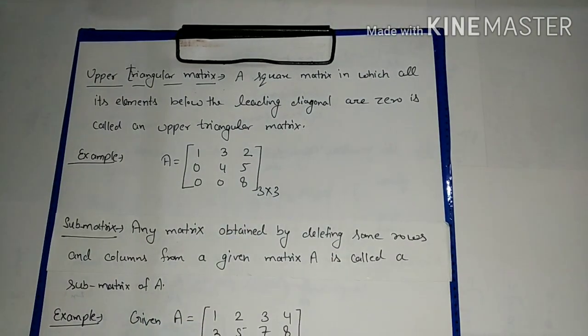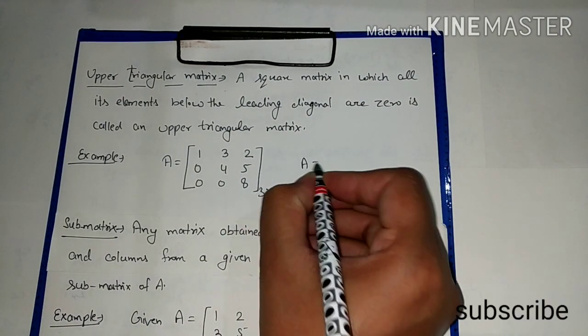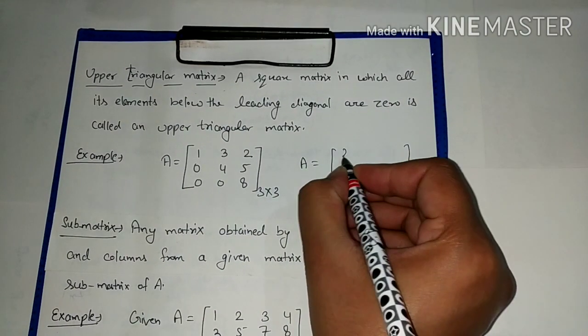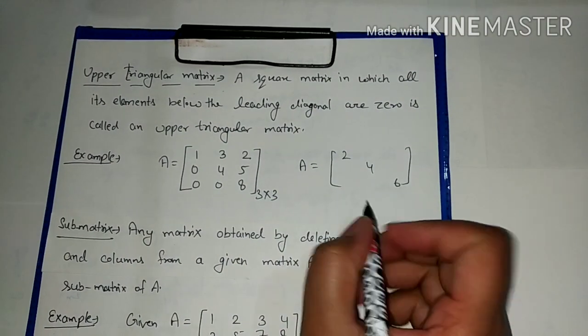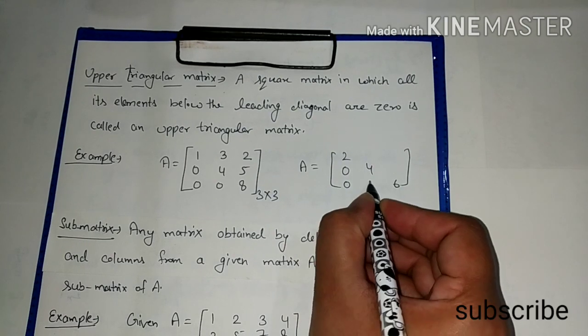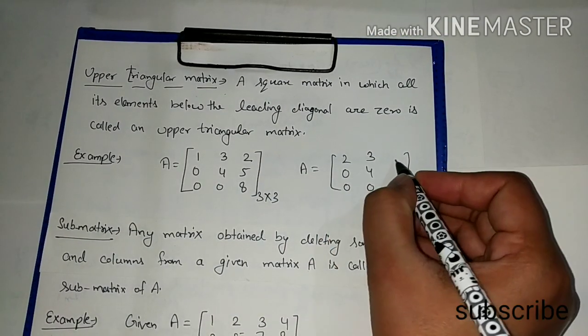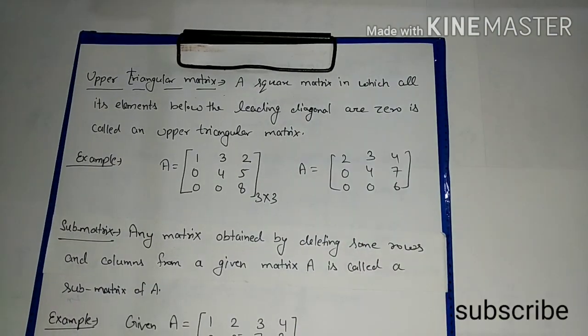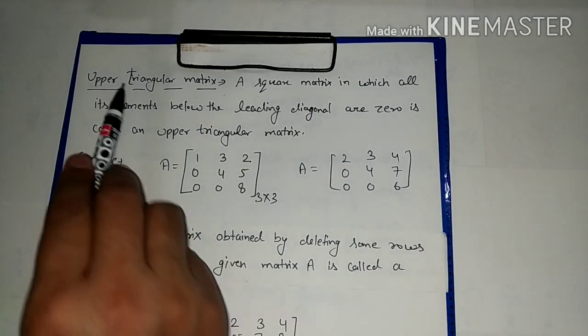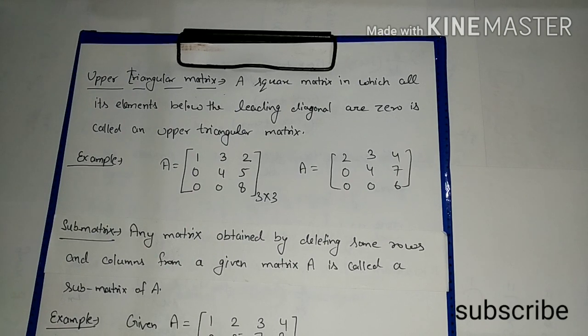This is a square matrix, 3 rows, 3 columns. Another example we can write, diagonal elements are 2, 4, 6, below the leading diagonal are 0. Another example of an upper triangular matrix.